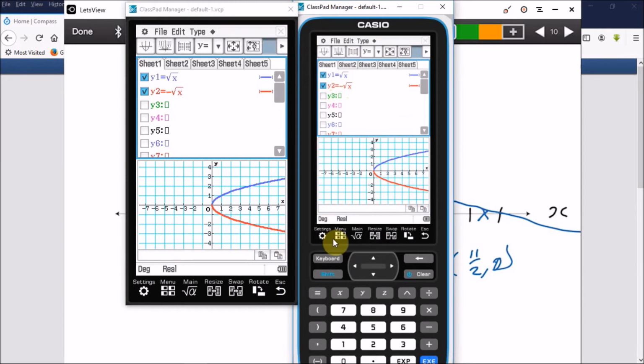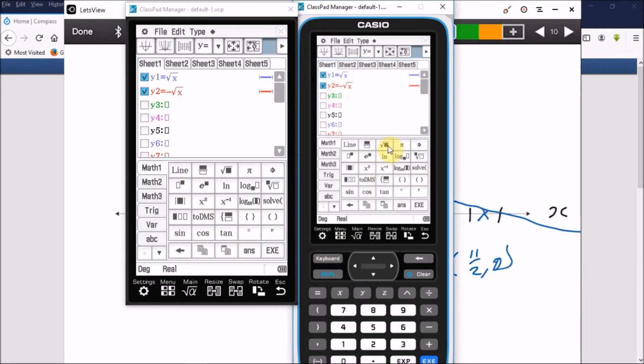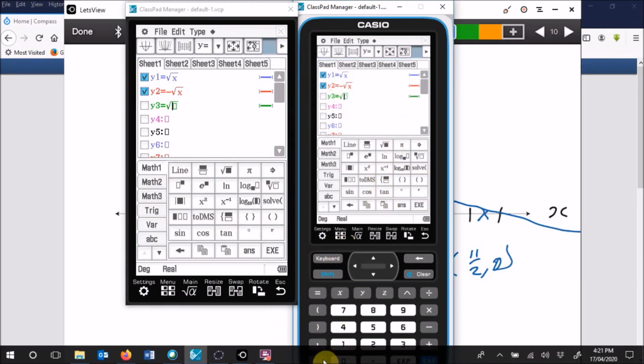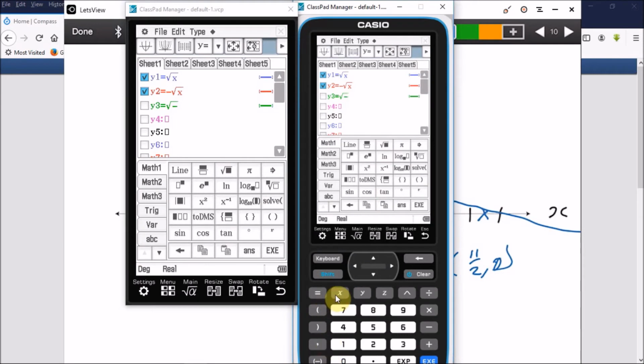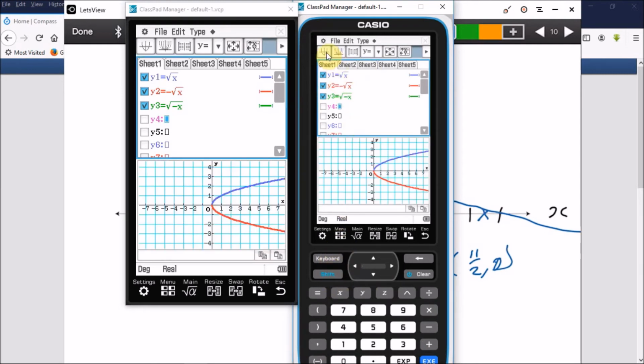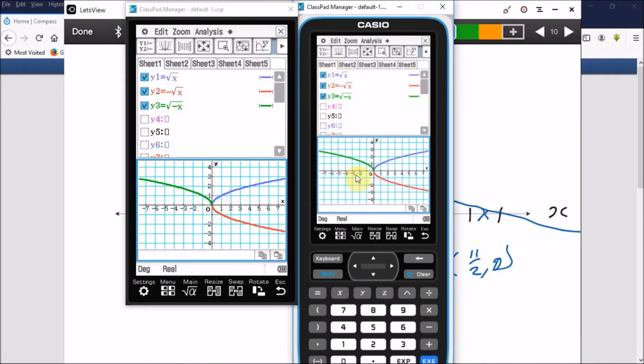So what about then if I have the square root of negative x, so the negative being inside. All right, so when I graph that, bingo, there we go. So this time we've got a reflection in the y-axis. So it's reflected in the y-axis. So it's going the opposite way around.